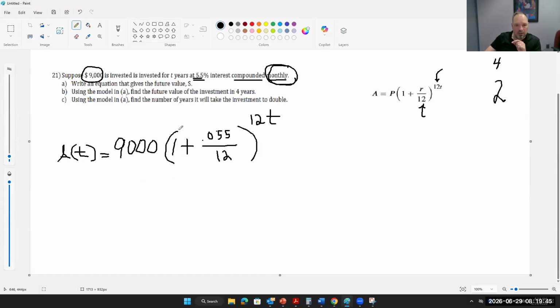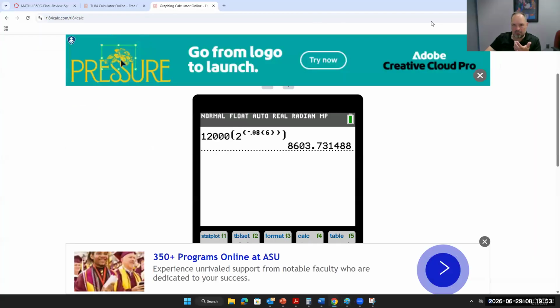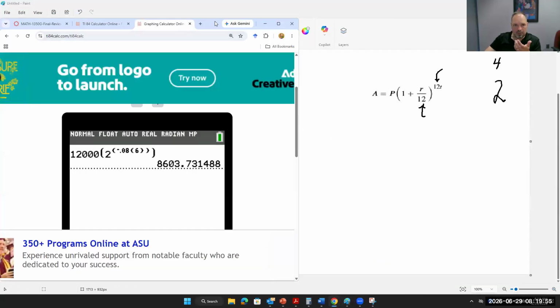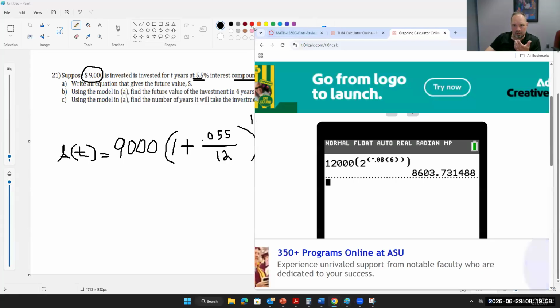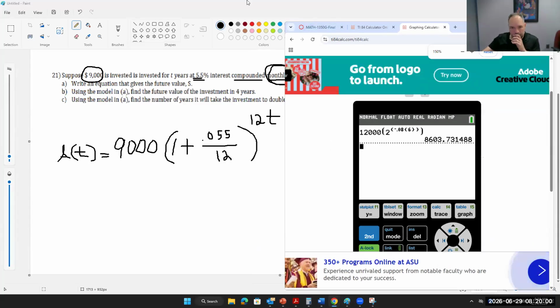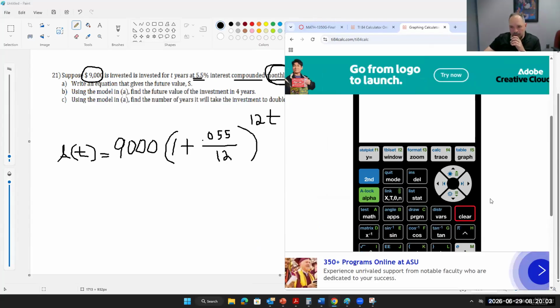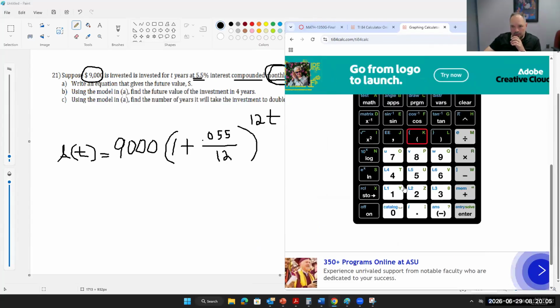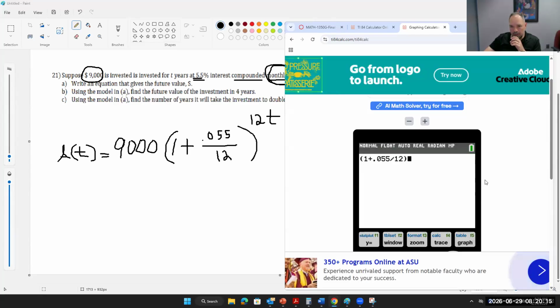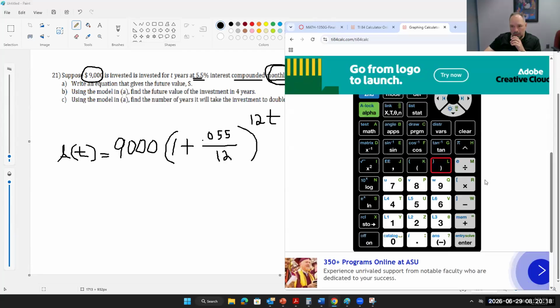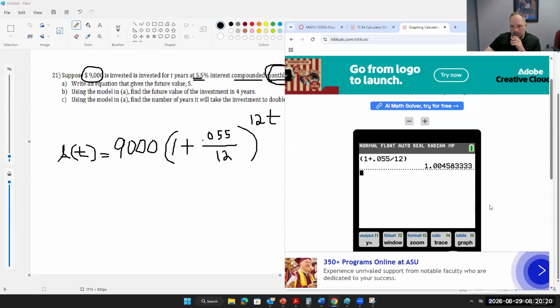Of course, you could simplify this, and I can even just so we have it in simplified form. We could do that. So parentheses 1 plus 0.055 divided by 12, and we're gonna press enter.